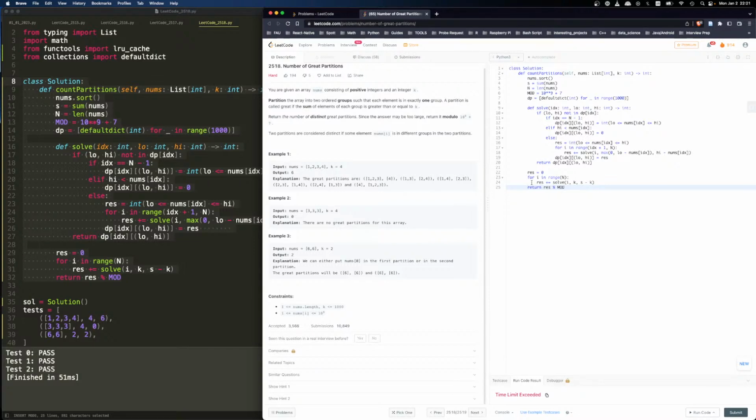Actually, it's not that much, the range. It's only 1,000, because k is only 1,000. We start with k and s minus k. S can be huge. See, that is the problem. S can be huge.